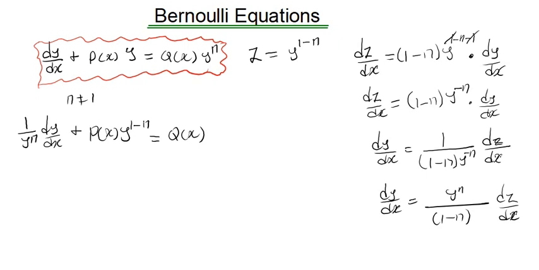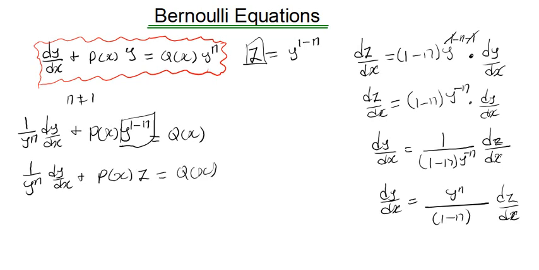If you multiply this by 1 over y to the power n, you're going to get just q of x there. So remember, we are changing this. What we have here is simply what? Is simply a z. So this is simply 1 over y to the power n dy/dx plus p of x as a function. So here you're going to have z equals q of x. We are very close to having it in a certain form that we want.